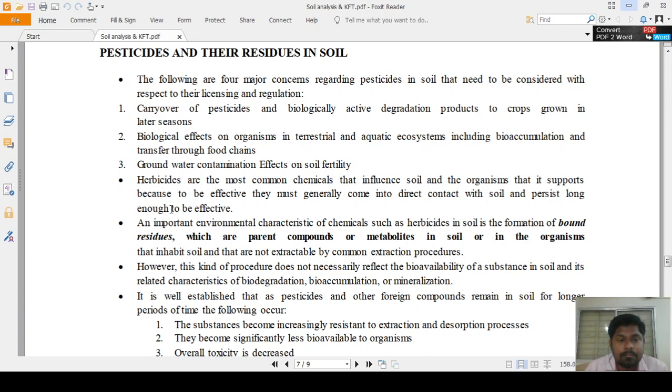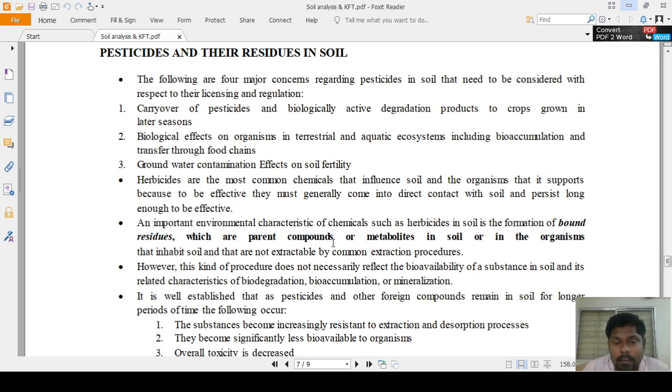Herbicides are the most common chemicals that influence the soil and the organisms it supports, because to be effective they must generally come into direct contact with the soil and persist long enough. Now, an important environmental characteristic of chemicals like herbicides in soil is the formation of bound residues. What is a bound residue?